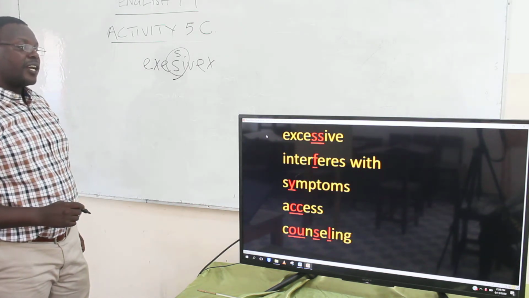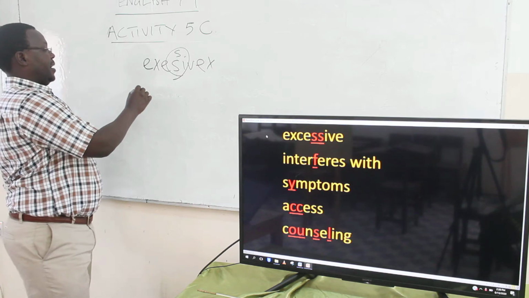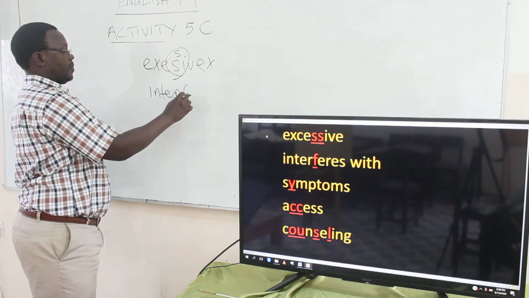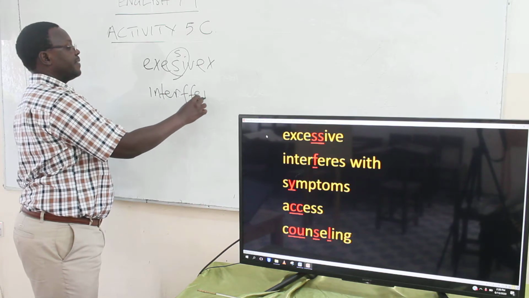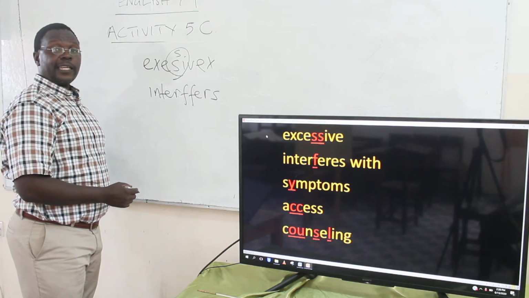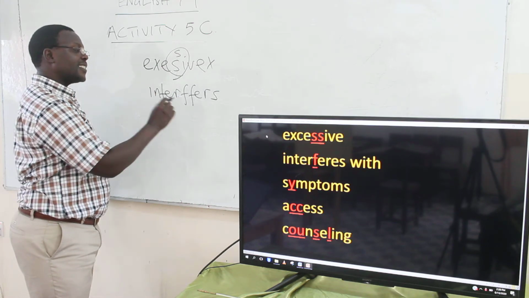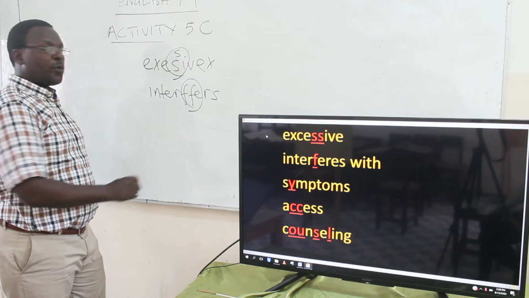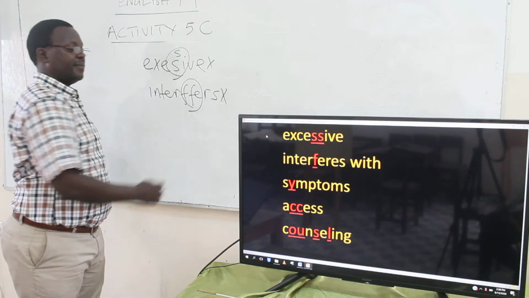The word interferes with. Interferes. It is very easy to get a confusion and write the word interferes with a double F, which makes it wrong.